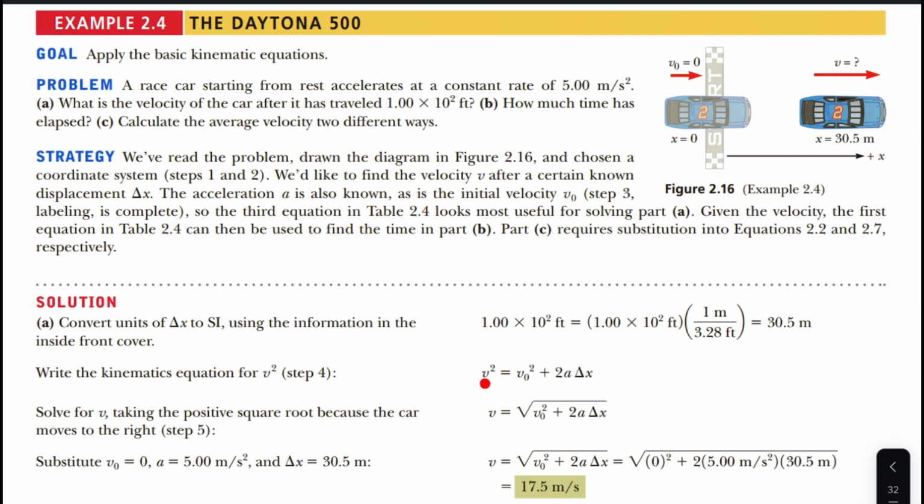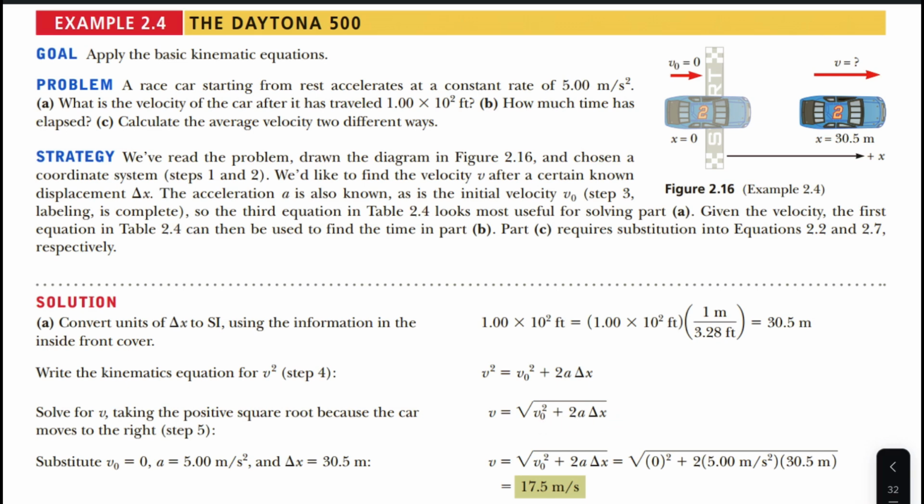If we are using naught, normally for V final it has no symbol. But if you are using V initial symbol, VI, here will be VF, which stands for V final.